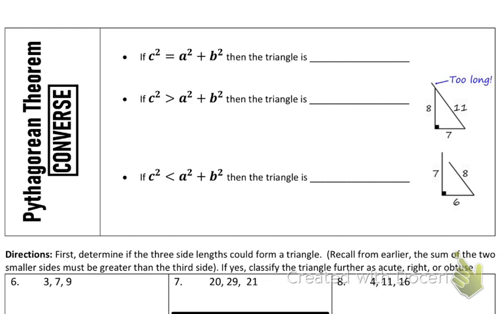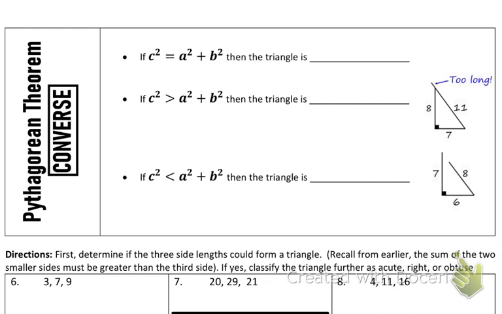All right. The next huge concept we're going to do is the Pythagorean theorem converse. The Pythagorean theorem says if a squared plus b squared equals c squared, you have a right triangle. The Pythagorean theorem says if you have a right triangle, then a squared plus b squared equals c squared.